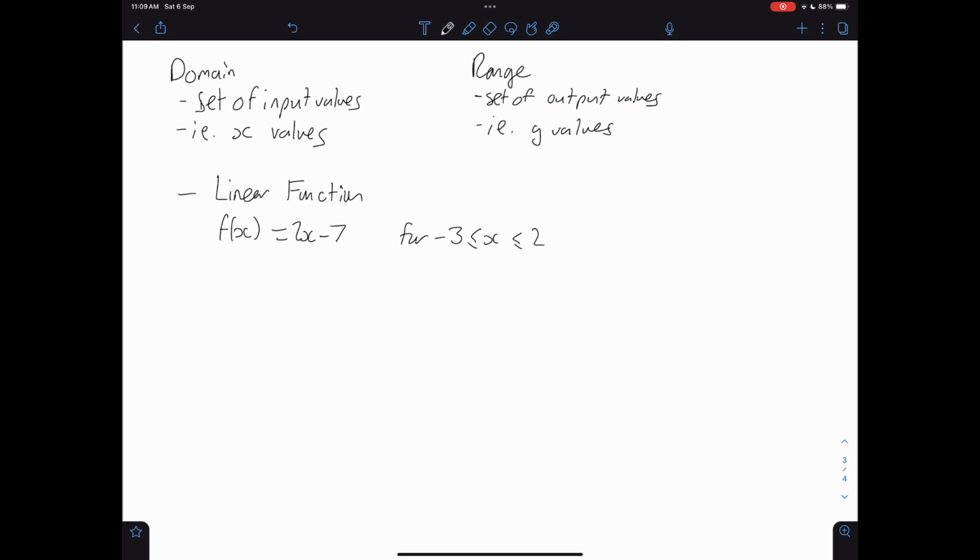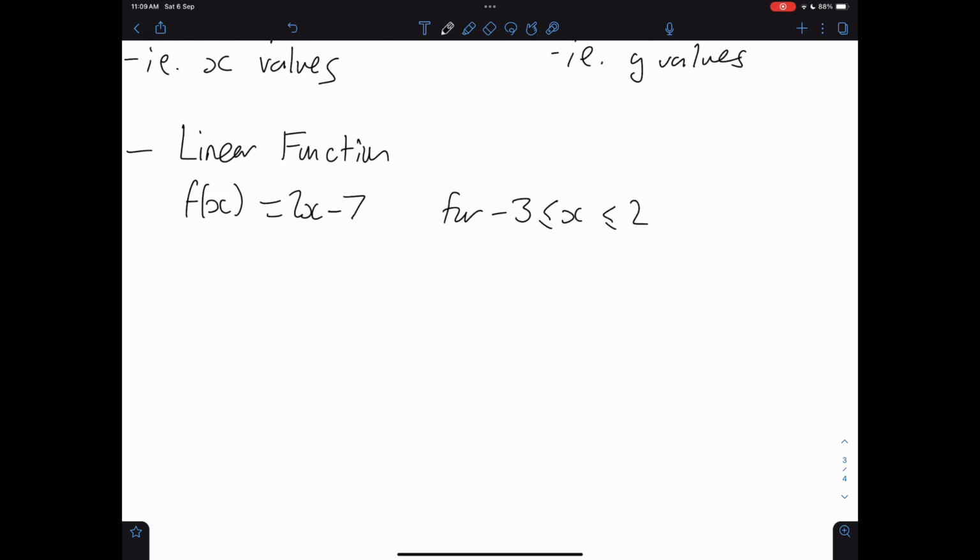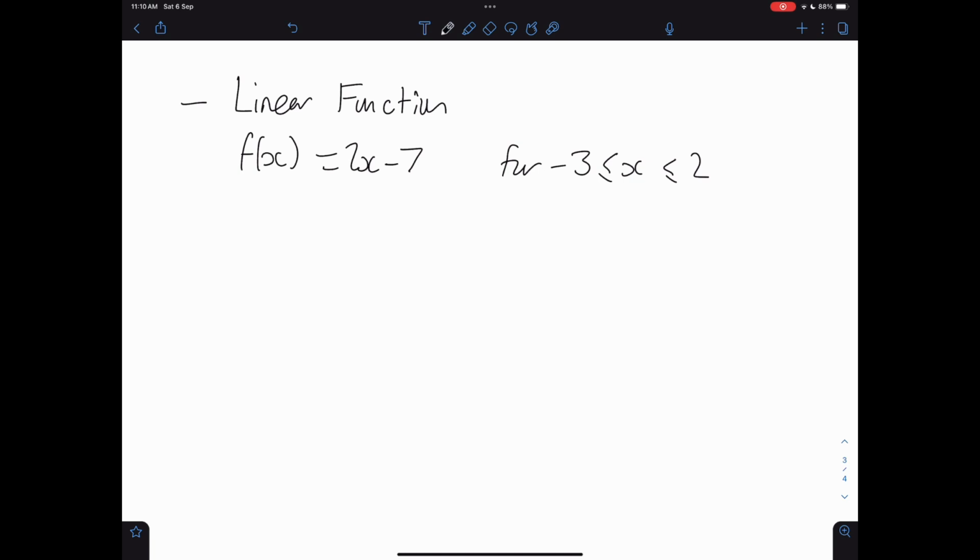Now this is an important way to explain function notation. This just means y. It's just notation. It's another way of saying y. It's like saying this f of x means this f and these enclosing brackets is like a machine.